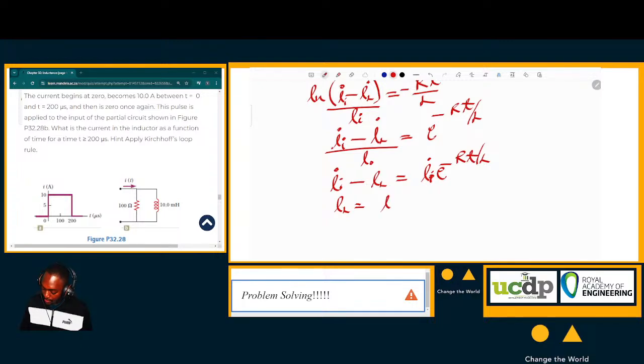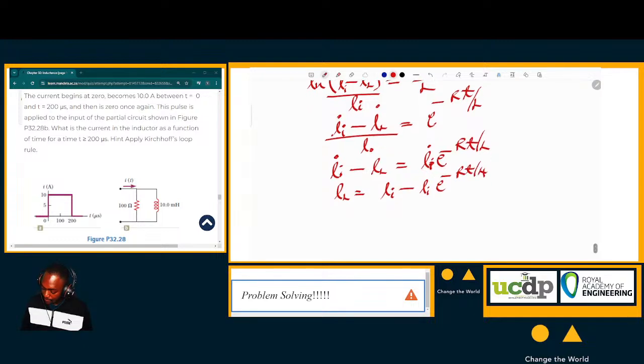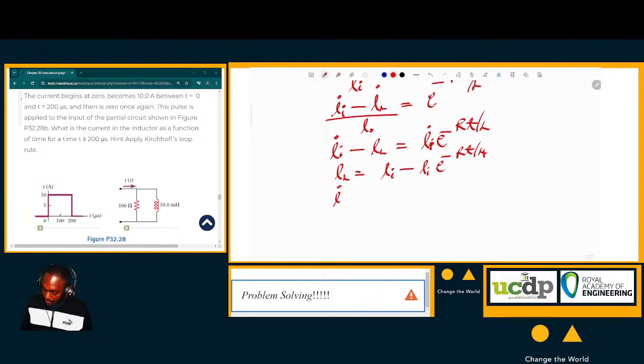Then it becomes I minus I exponential negative Rt over L. So which means that the current through the inductor would be equals to, if you factor out that I, I times 1 minus exponential negative Rt over L. So this is where the equation for the exponential increase comes from.